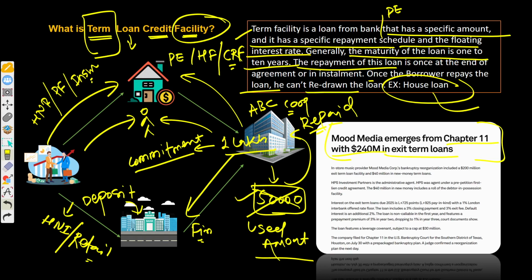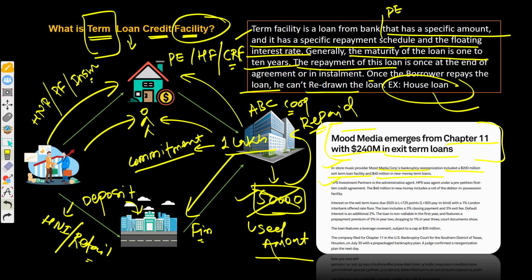So this is one of the term loans. Mood Media Corp applied for a $240 million exit term loan. So read this and see what exactly happened here. In-store music provider Mood Media Corp's bankruptcy reorganization included a $200 million exit term loan facility and $40 million in a new term loan facility. So basically Mood Media Corp is looking for funds of around $240 million.